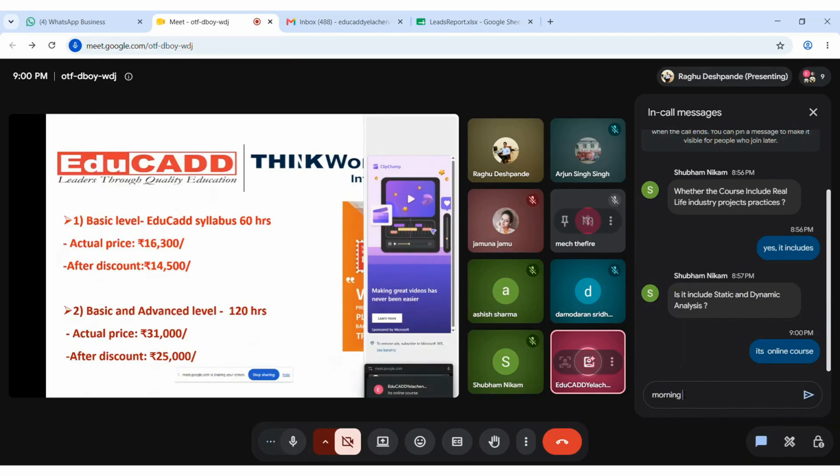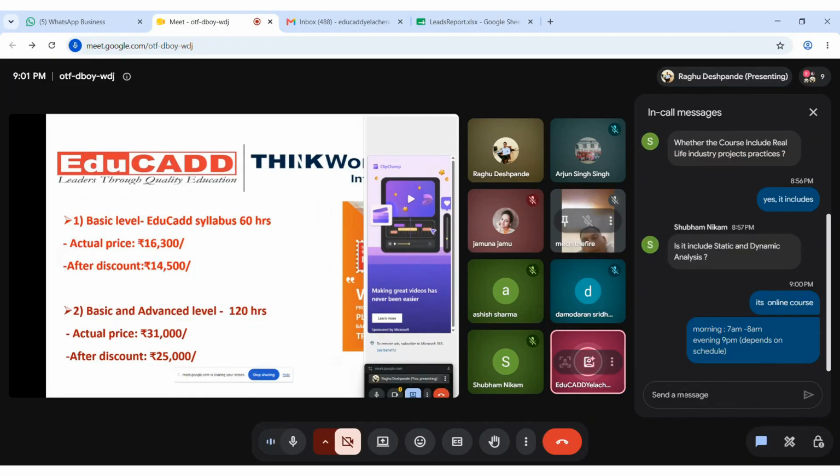The morning batch is 7 a.m. to 8 a.m. If you are going for an evening batch, probably we will have it at 8 to 9, 8:30 or 9 p.m., depending on the sir's schedule. This is the time we'll have most of our batches scheduled. Morning is 7 a.m., evening is 9 p.m. We're flexible for working professionals and students as well.